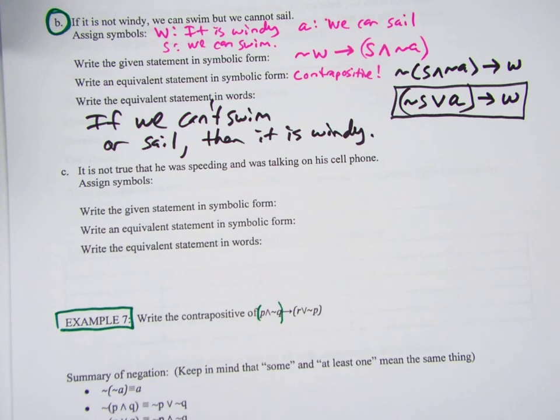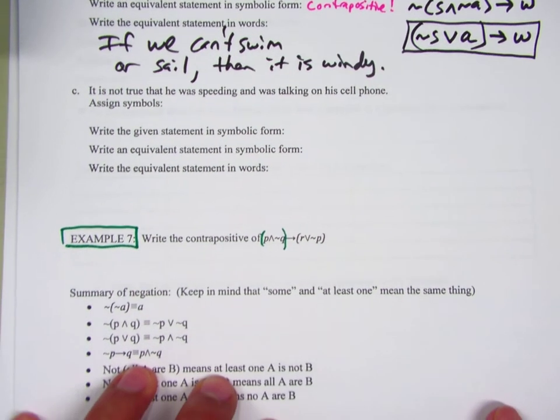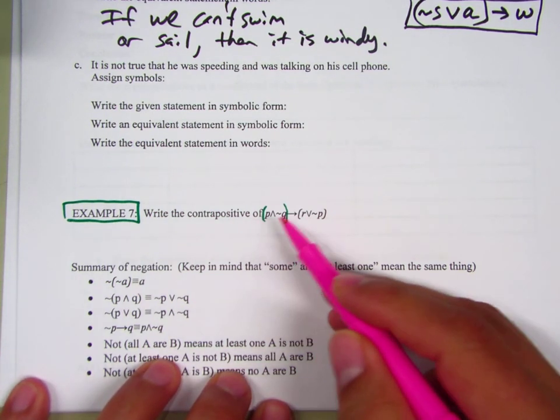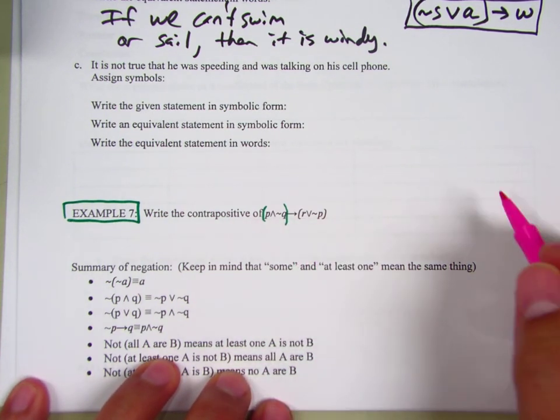Last example. And for the one third of you that are actually paying attention and will get A's, here you go. We're writing the contrapositive of this weird symbolic statement. So again, you just flip and negate.